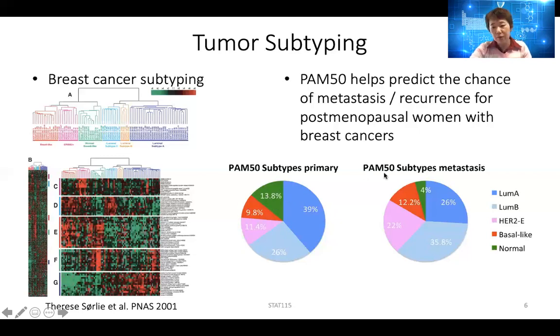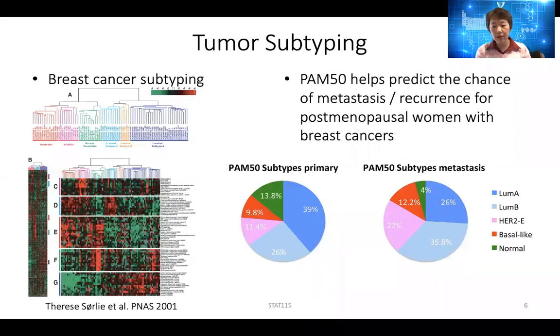For example, if you look at the metastatic tumors, so these are patients who either had a recurrence or at the time of diagnosis, the tumor has already metastasized. And if you look at their subtyping using these 50 genes, by the way, the 50 genes are now FDA approved subtypes.